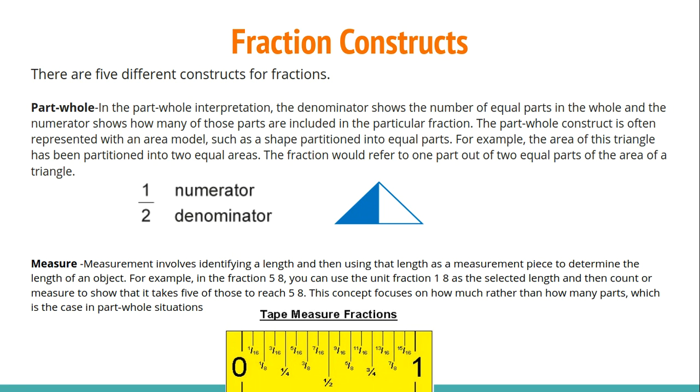For example, the fraction 5/8. You can use the unit fraction 1/8 as a selected length and then count or measure to show that it takes 5 of those to reach 5/8. This concept focuses on how much rather than how many parts, which is the part whole situation.